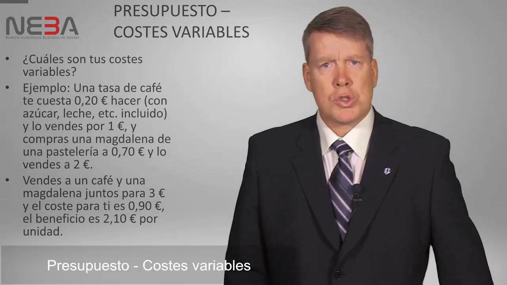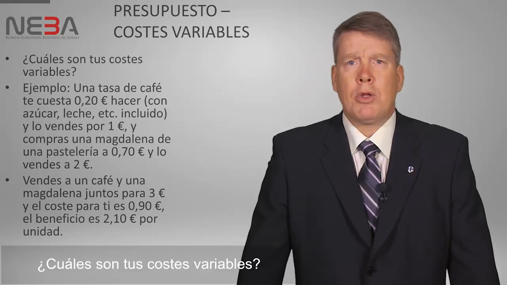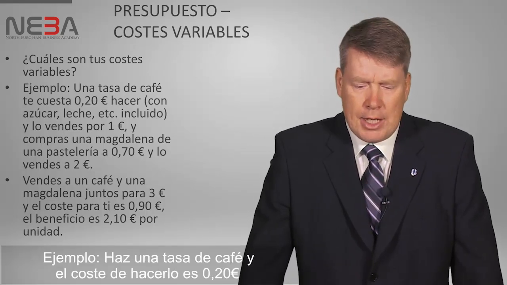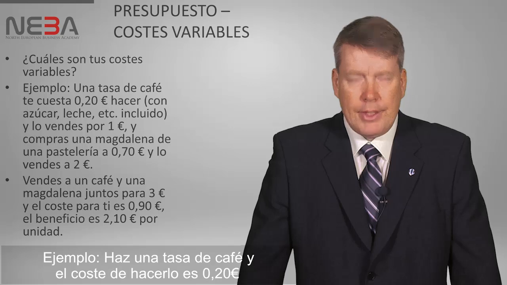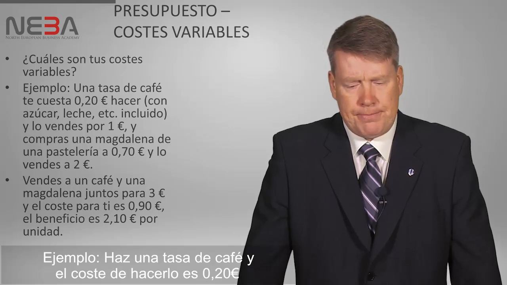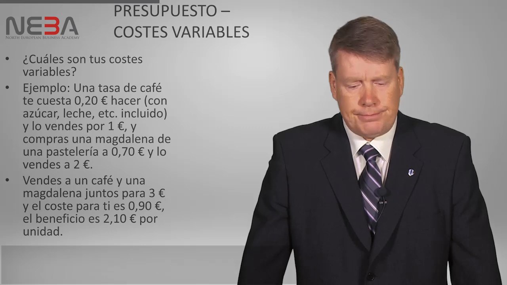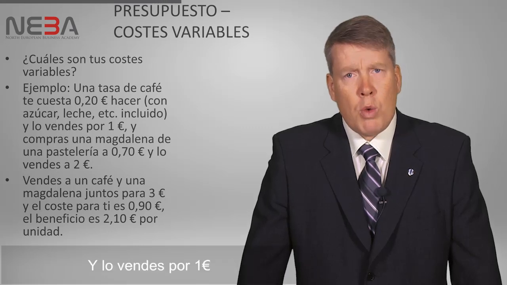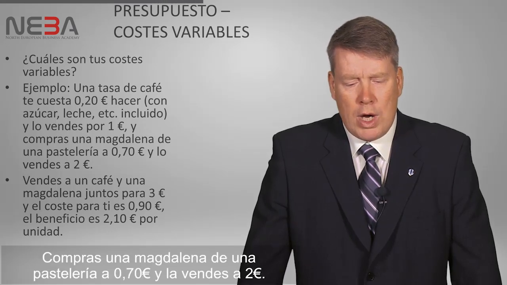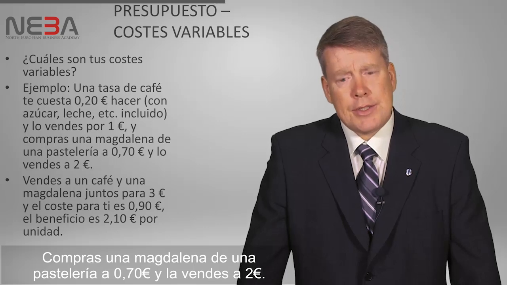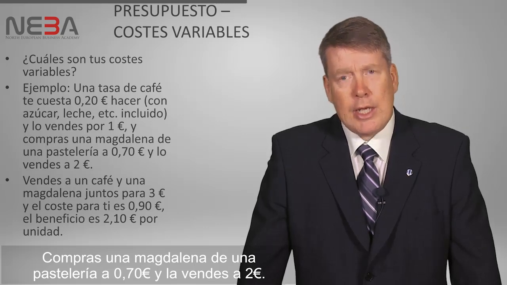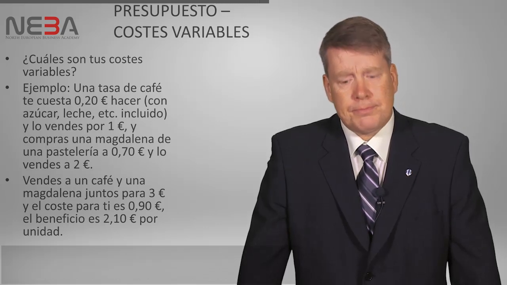Budgeting variable costs. What are your variable costs? Example: you make 1 cup of coffee, it costs you 20 cents, with sugar, milk, etc. included, and you sell it for 1 euro. You buy 1 muffin for 70 cents from the bakery and you sell it for 2 euros.